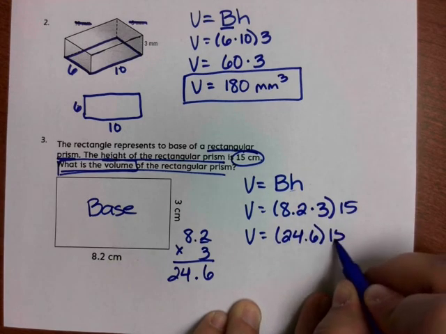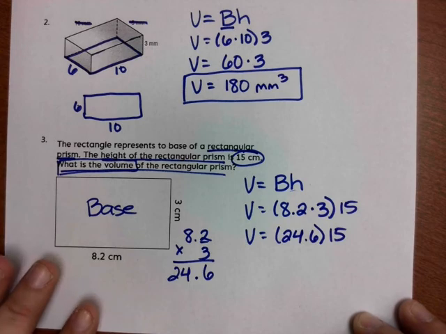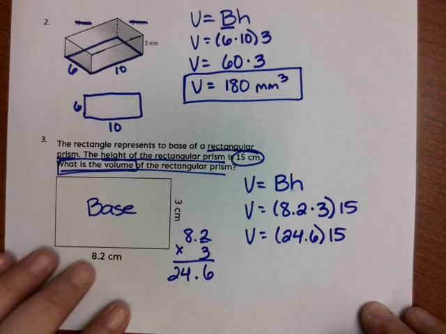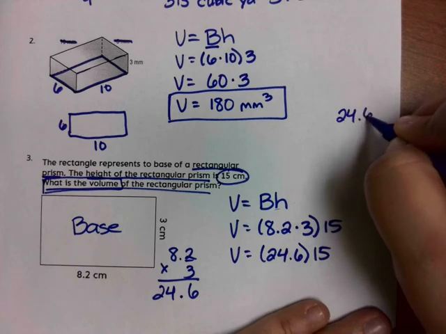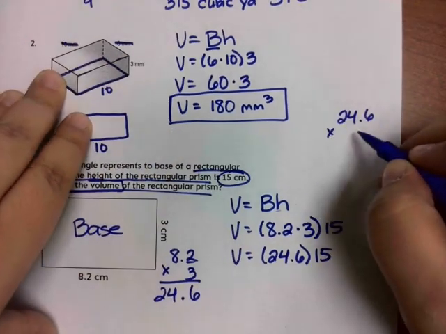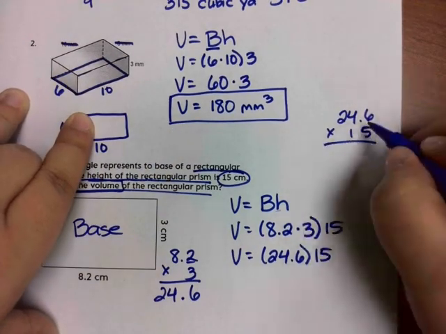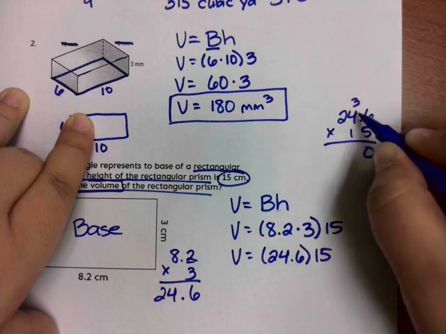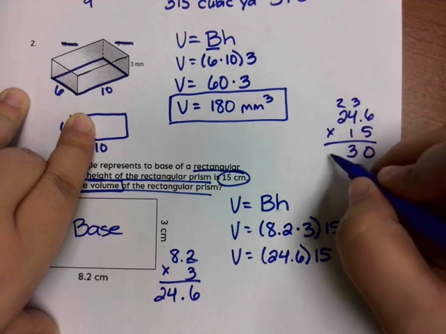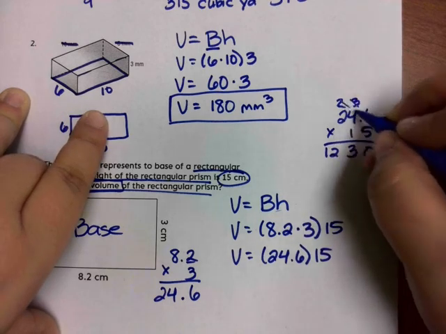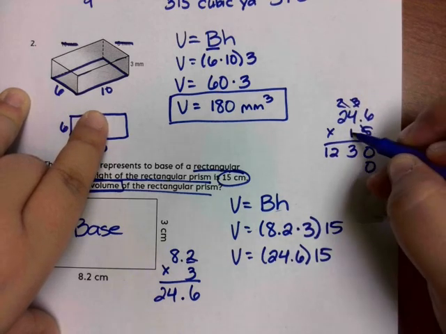And now we have to multiply it by 15. All right, so 24.6, I'm going to do it up here just so I have a little bit more room. 24.6, multiply that by 15. We get 30. 20 plus 3 makes 23. 10 plus 2 makes 12. Cross those off, put a placeholder.